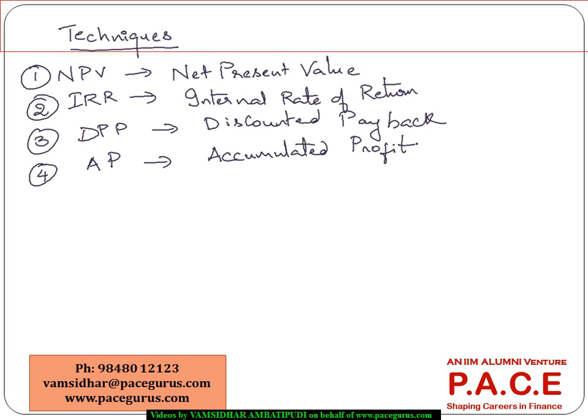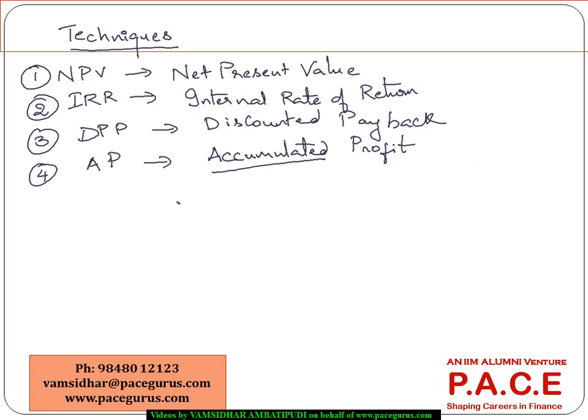Of course, some of them have overlapping objectives, whereas some are exclusively for some purposes. For example, accumulated profit, as the word itself tells us, is the accumulation of the profit towards the end of the project.